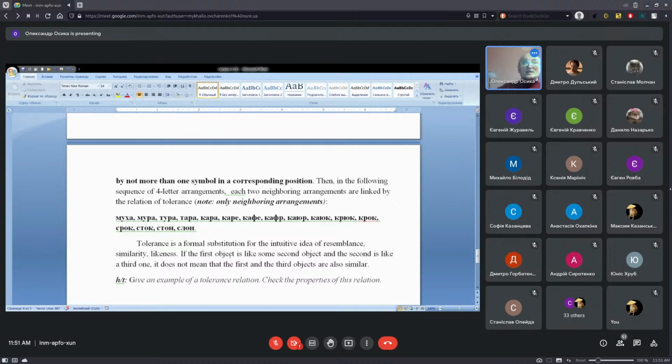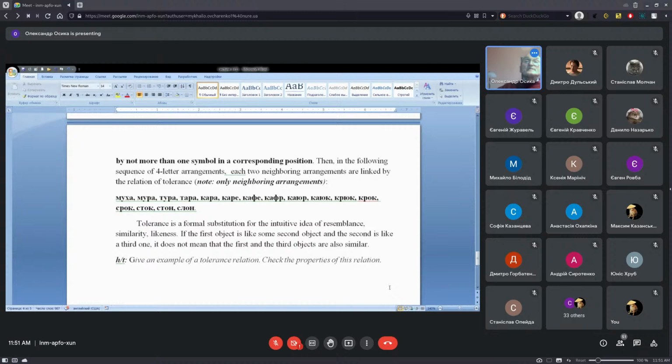If the first object is like some second object, and the second is like a third one, it does not mean that the first and the third objects are also similar.